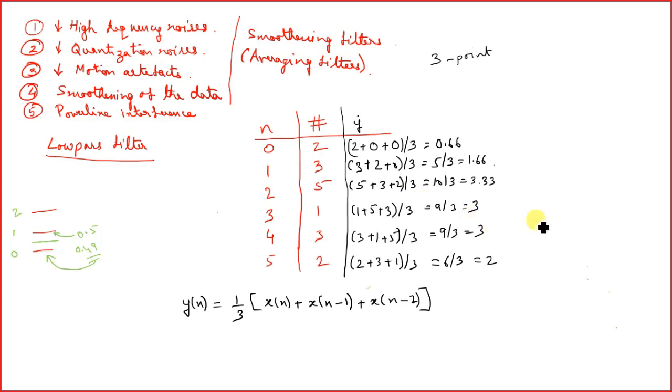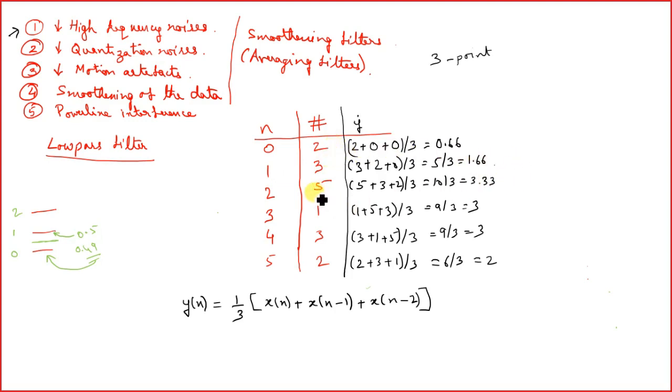Now when I was telling you while discussing the first point that smoothing filters can reduce the high frequency noises, if you see, initially at time instance 1 we had 3 amplitude, previous to that we had 2 amplitude.